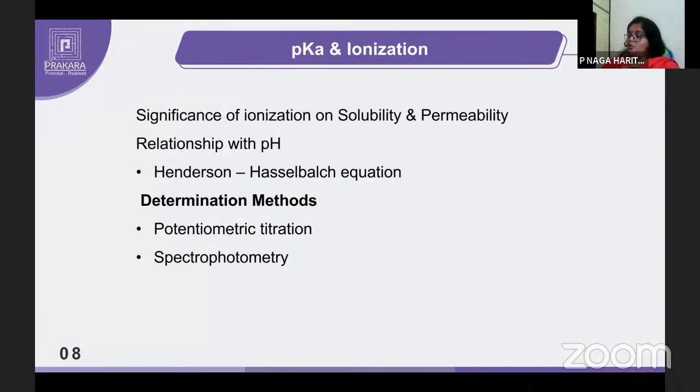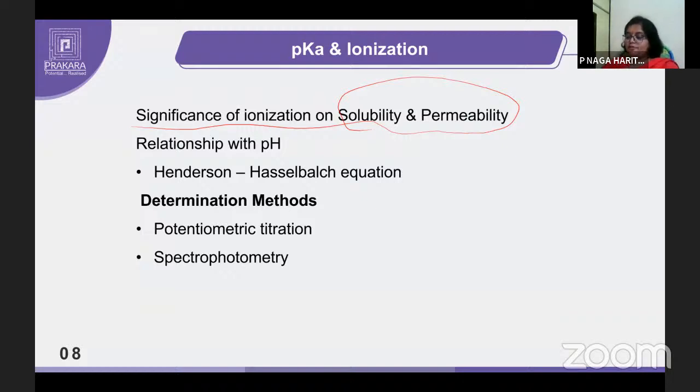So moving on, we have pKa and ionization. The pKa of a drug is a measure of ionization in a solution, which directly impacts its solubility as well as permeability. So the significance of ionization is on both solubility and permeability.